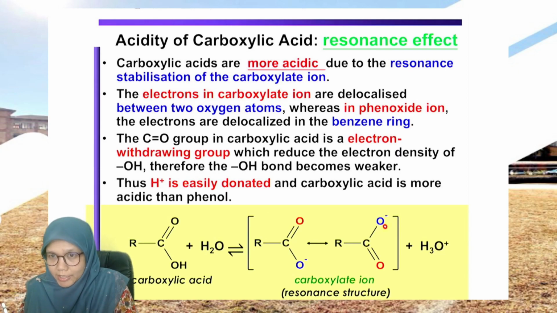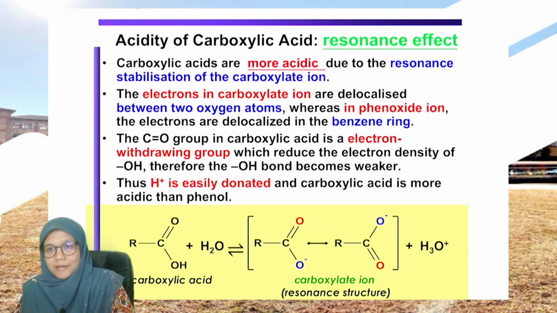Ini nak menunjukkan yang the electrons in carboxylate ion can be delocalized between two oxygen atoms. Ini simbol resonance. Faham? So, carboxylate ion ni dia jadi stable. So that's why carboxylic acid become more acidic.